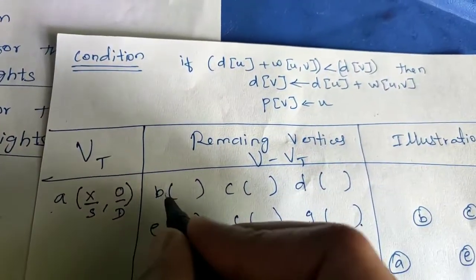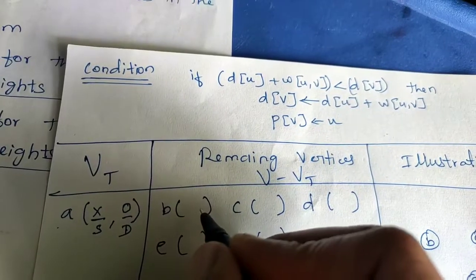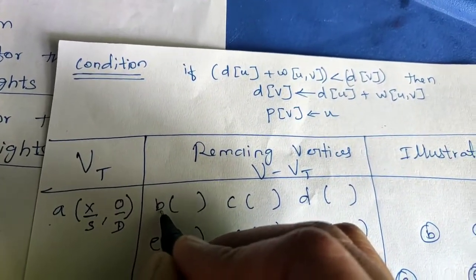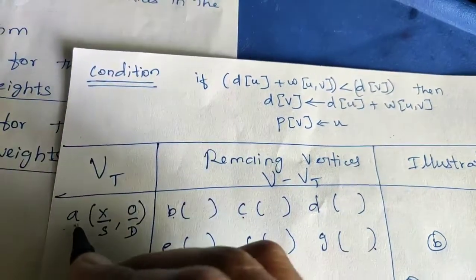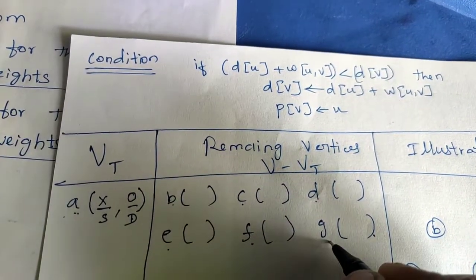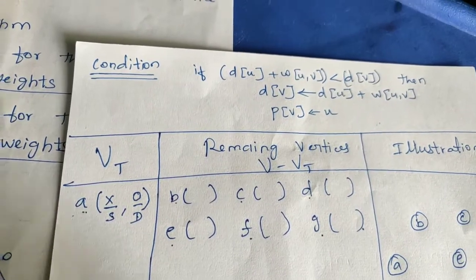Now initialize the distance of B from A, distance of C from A, D, E, F, and distance of G from A, similar to Prim's algorithm.